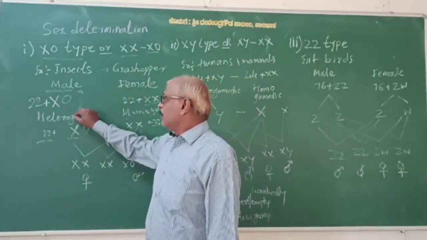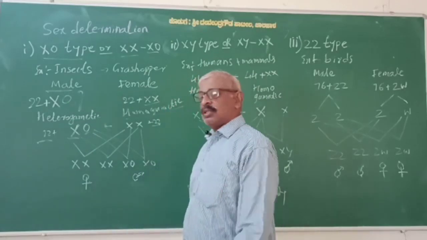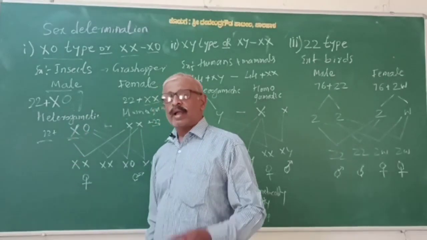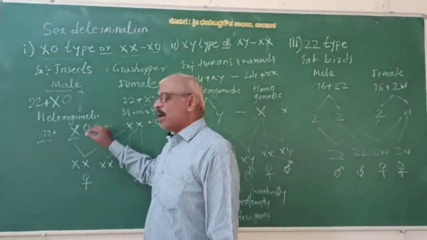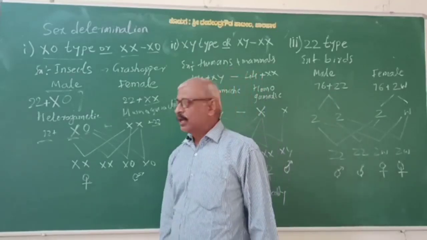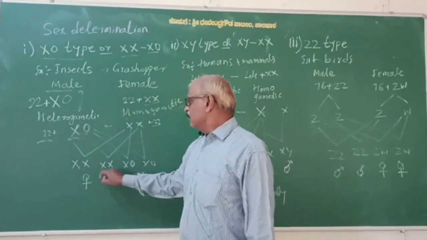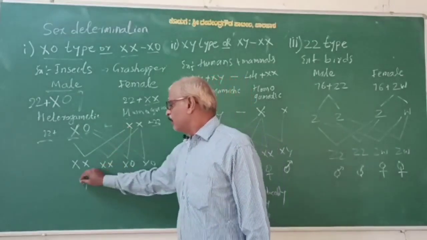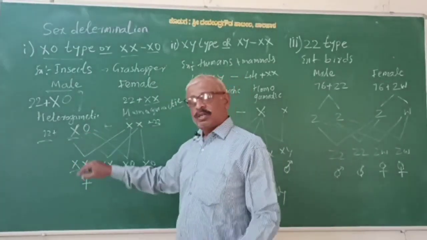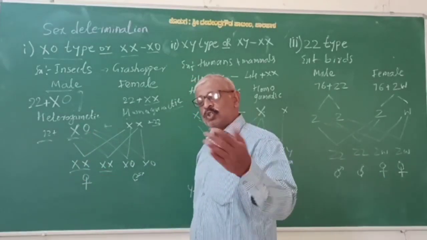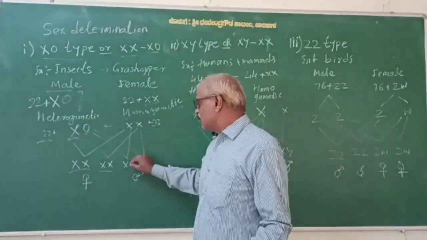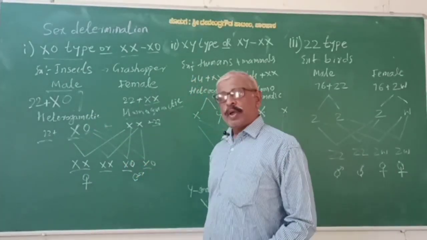So in males, of the sperms produced, 50% carry the X chromosome and another 50% have no X. If an X sperm mixes with the egg's X, we get 100% XX. But if a sperm not having an X chromosome mixes with the X, we get 100% XO.